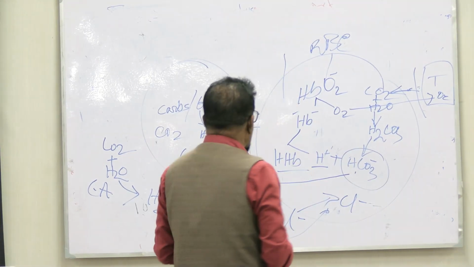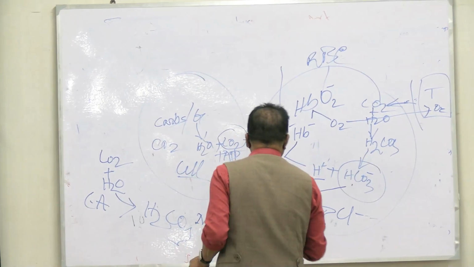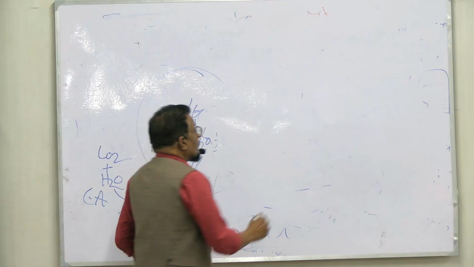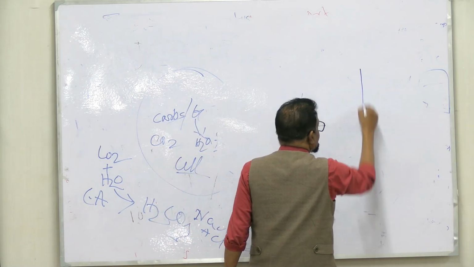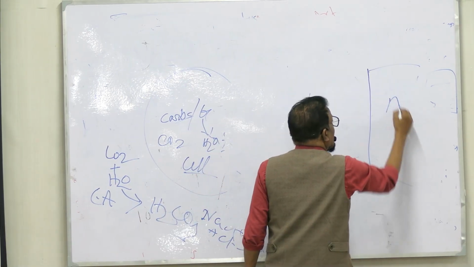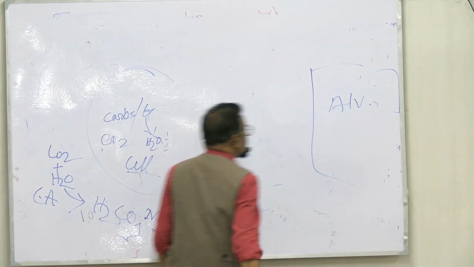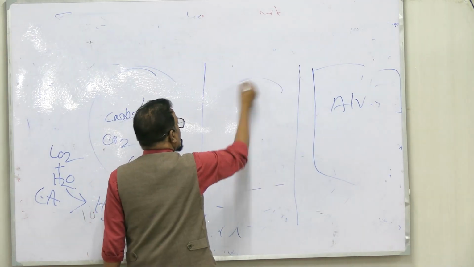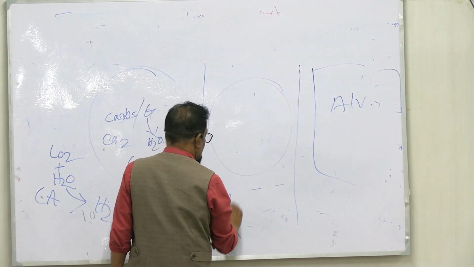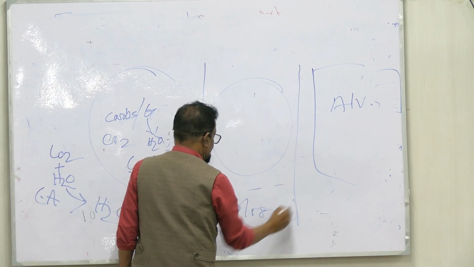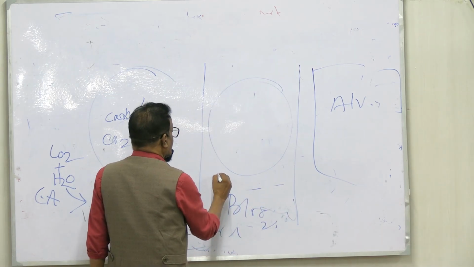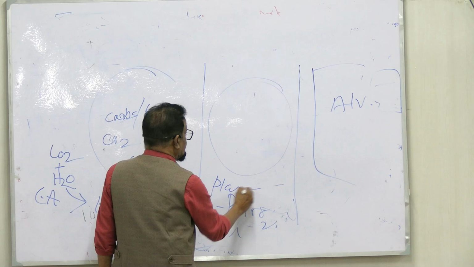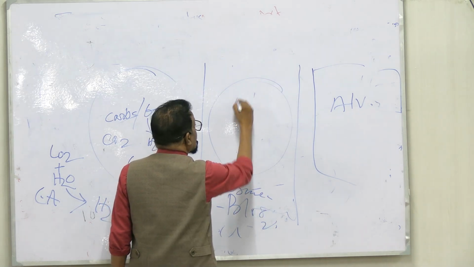Now see what is happening at the lung level. This is the alveoli. This is the RBC, blood vessel, capillary, and here is plasma. This is the RBC.